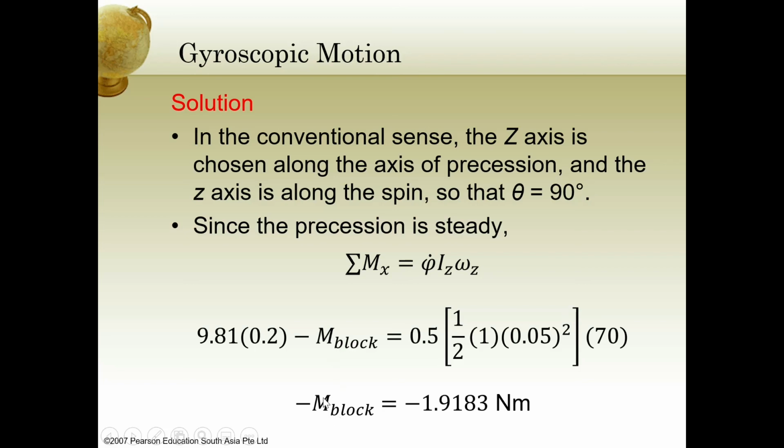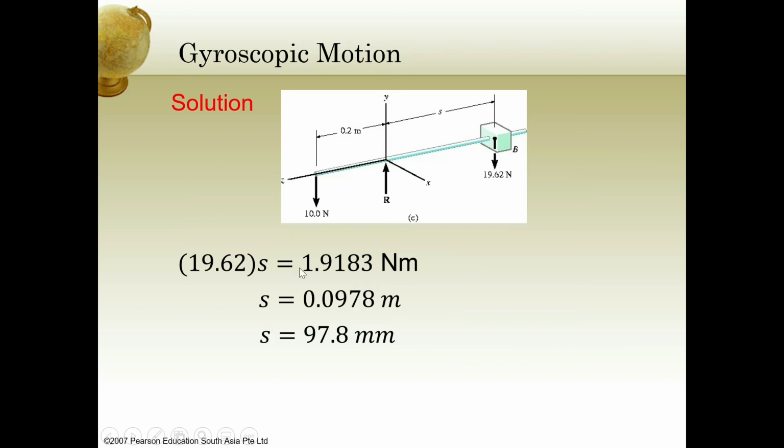Okay, so we solve this equation, and then we get the final value, which is negative 1.9183. Both sides have a negative sign, so we can cancel them. Then we can replace the moment caused by the block, the 2 kilogram block, with this force times distance equation.